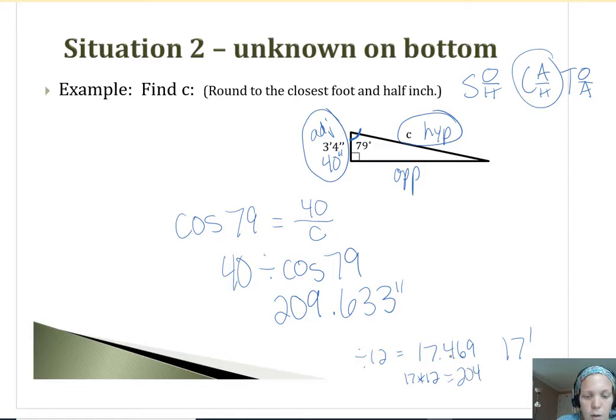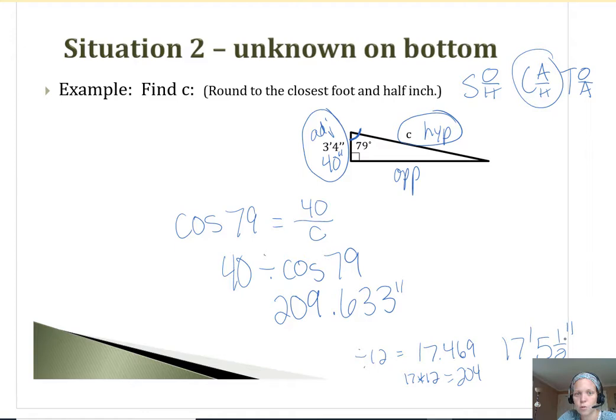So 204, I want to get up to 209, so that's 5.633. I say nearest half inch, so pretty much like 17 feet, 5.5 inches. So if we're only going to the nearest half inch, it's not super accurate, but if I want to be more accurate, let's see, that'd be close to .625, 5 and 5/8. Jot that down if you want to be a little more accurate.